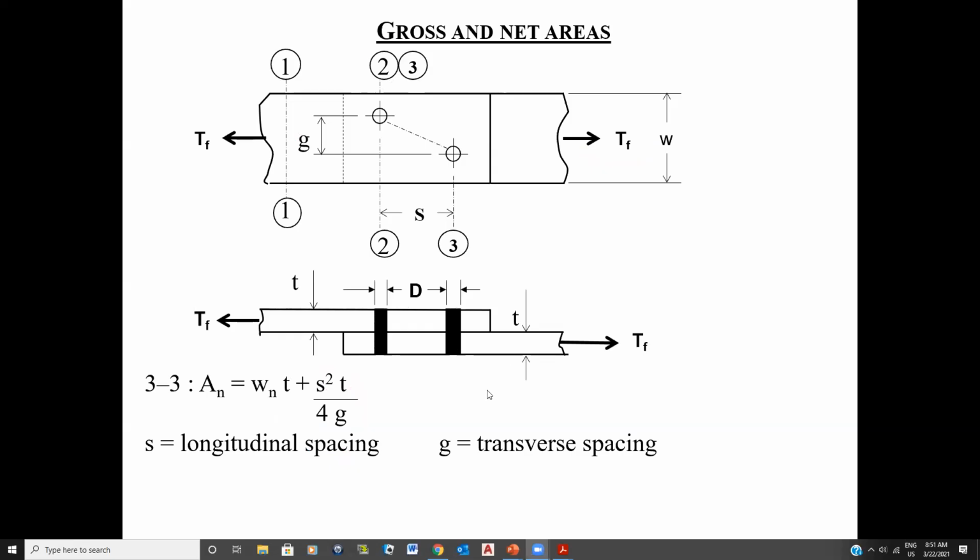Now, how else can this thing fail? Any suggestions? Like the bolts can shear. No, we don't talk about the bolts, because for the bolts we've calculated we needed 2.